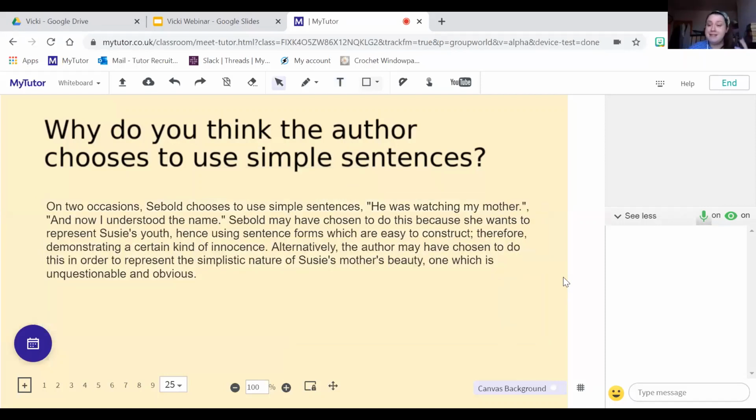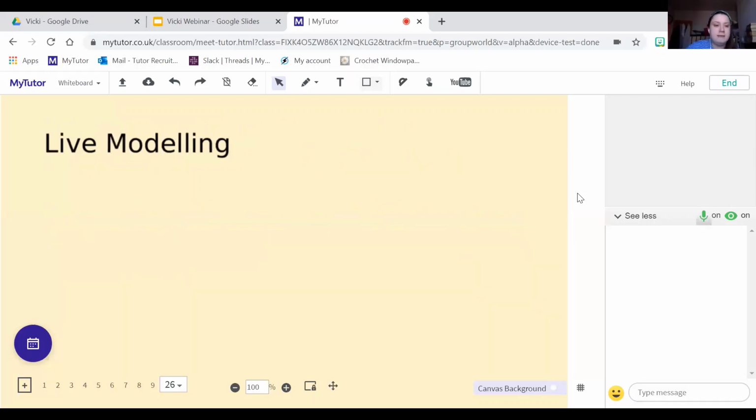So I'm saying that this actually might be because we can't debate, or at least in Susie's mind, we can't debate that her mother is an incredibly attractive woman, and therefore we only need to give simple sentences to inform the reader that that's the case because it is so obvious. Right.